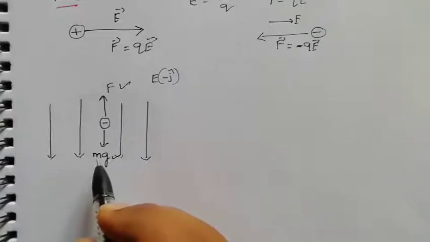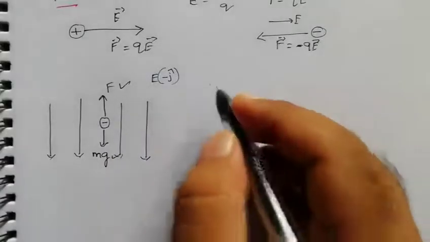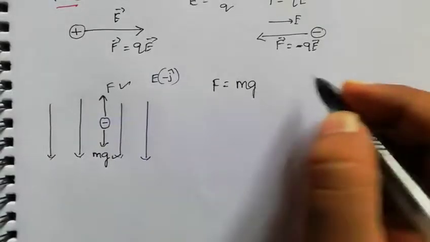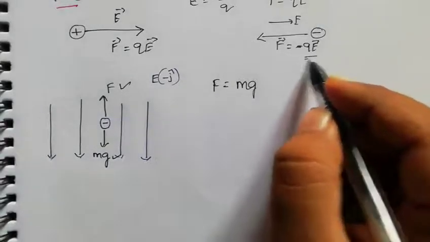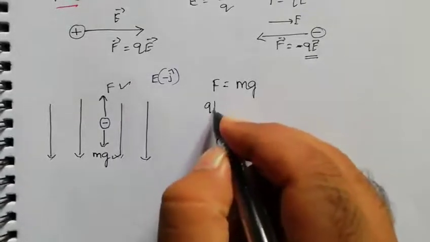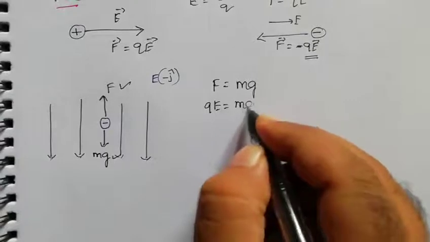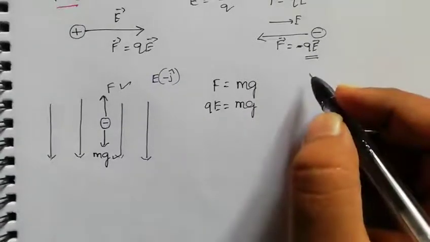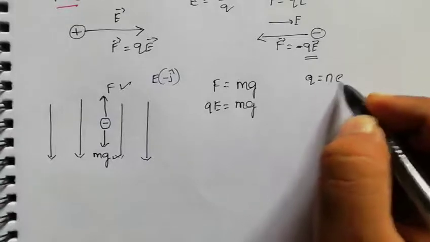So here we can write F equal to m into g, where F equal to Q into E. In magnitude, we can write Q into E equal to m into g. And from properties of charges, Q equal to n into e.